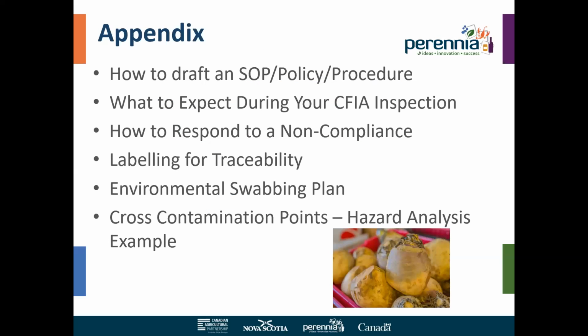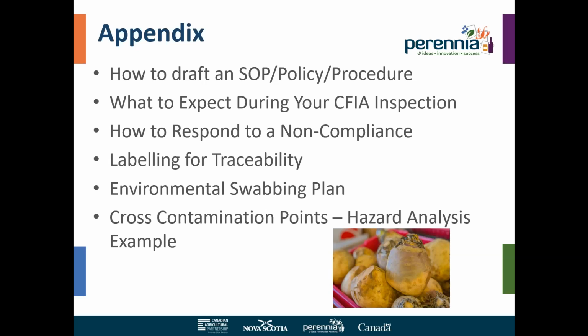At the end of the guide, there is an appendix, and under the appendix, you will see how to draft an SOP, policy or procedure, what to expect during your CFIA inspection, and how to respond to a non-compliance, whether it's identified by an inspector or a third-party auditor, let's say a Canada GAP auditor. There's also labeling for traceability. Elaine mentioned that there's a page there and it's laid out quite nicely.